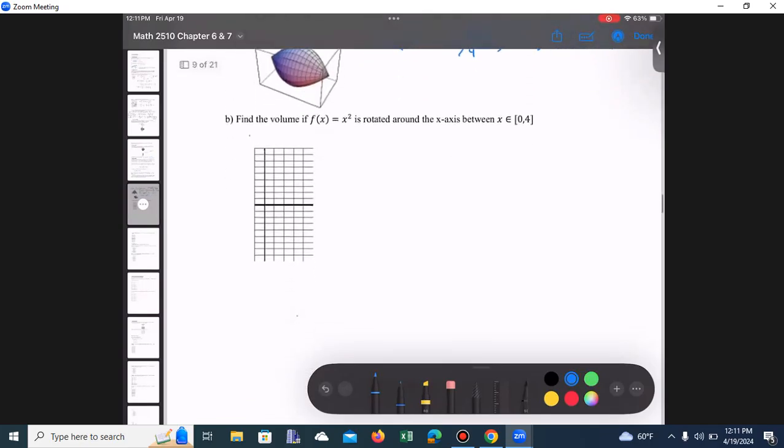So let's look now at the volume of x squared, and we're going to rotate this over the x-axis again. We're going to go from 0 to 4. 4 squared is 16. So 2, 4, 6, 8, 10, 12, 16. And then it's a 1 and 4.